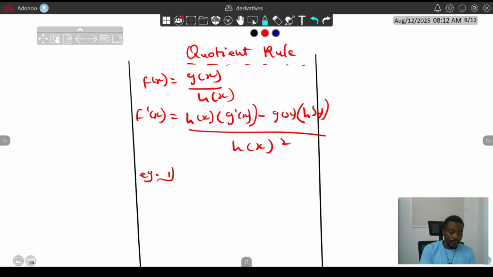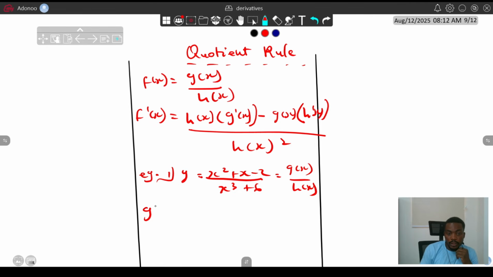Example 1, we have given y equals x squared plus x minus 2 all over x cubed plus 6. Right, so we can let this be the same as g of x all over h of x.